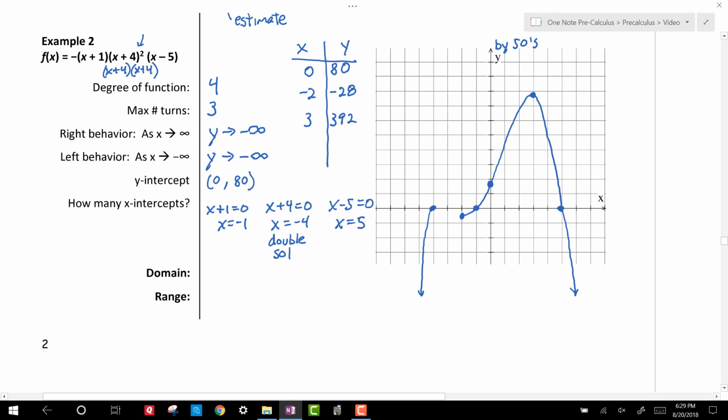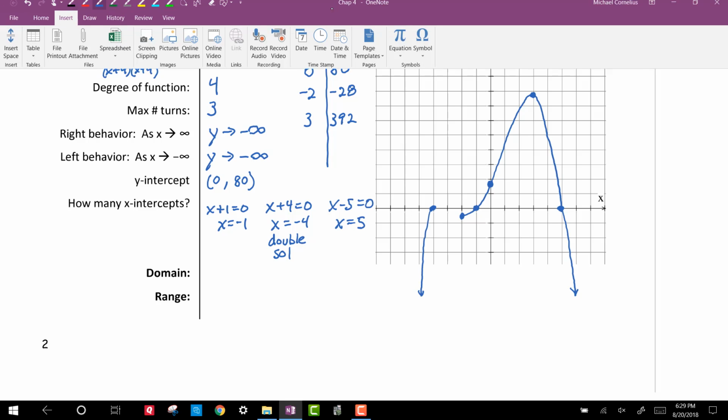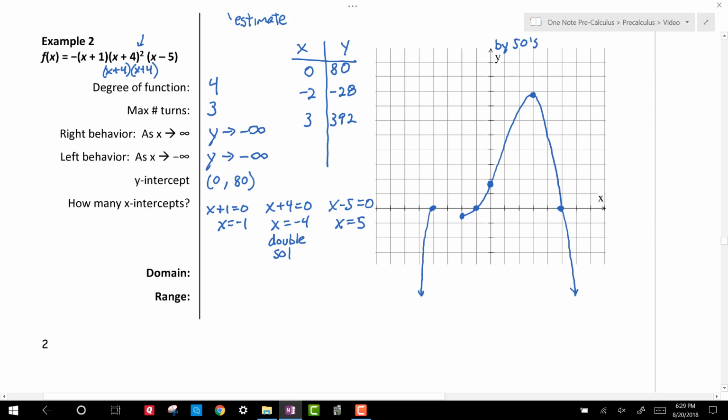But on the other side here, you'll notice that if I try and graph this, I can't come up and around like this because I just ended up creating another intercept, and I don't have an intercept right there, so that can't be possible. The only thing that could be happening here is if this graph came up and under and just sort of bounced off and went back down like that.